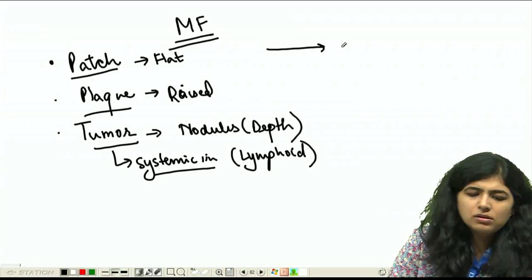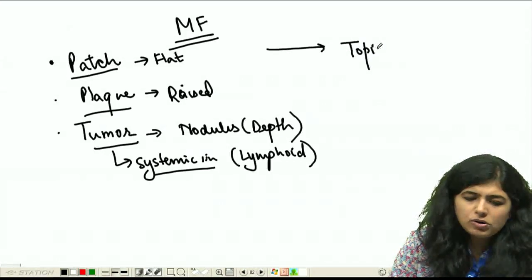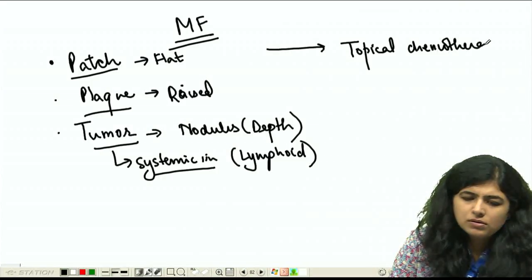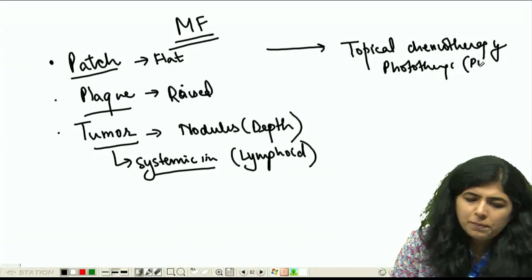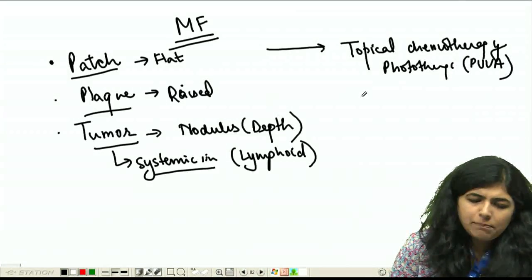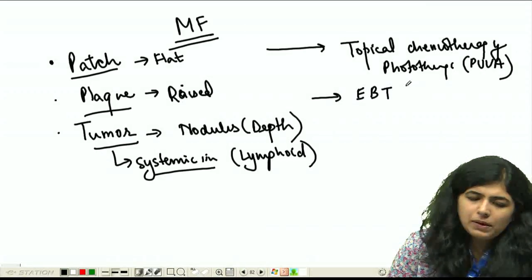So in the patch, the treatments that you generally do are topical chemotherapy drugs. Then you can do phototherapy like PUVA. In the plaque stage, best treatment is electron beam therapy.